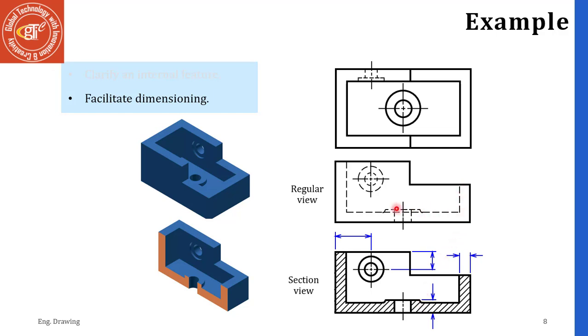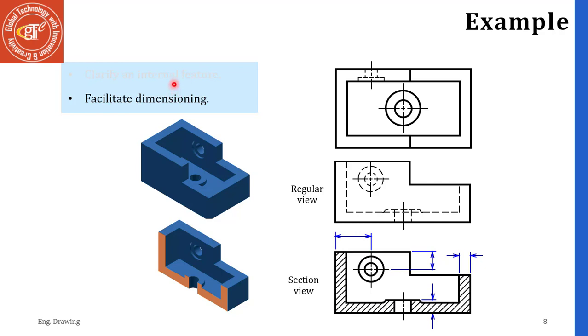These are the main differences between these two front views. This front view is the regular view which shows the hidden lines of the internal features, and this view shows the sectional view by adding these inclined lines, and here you can see the internal features clearly.